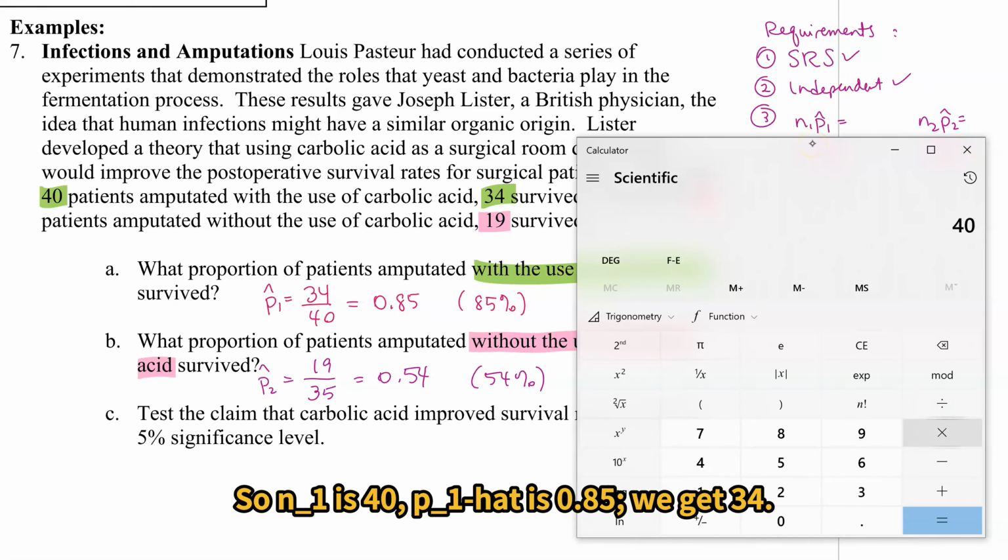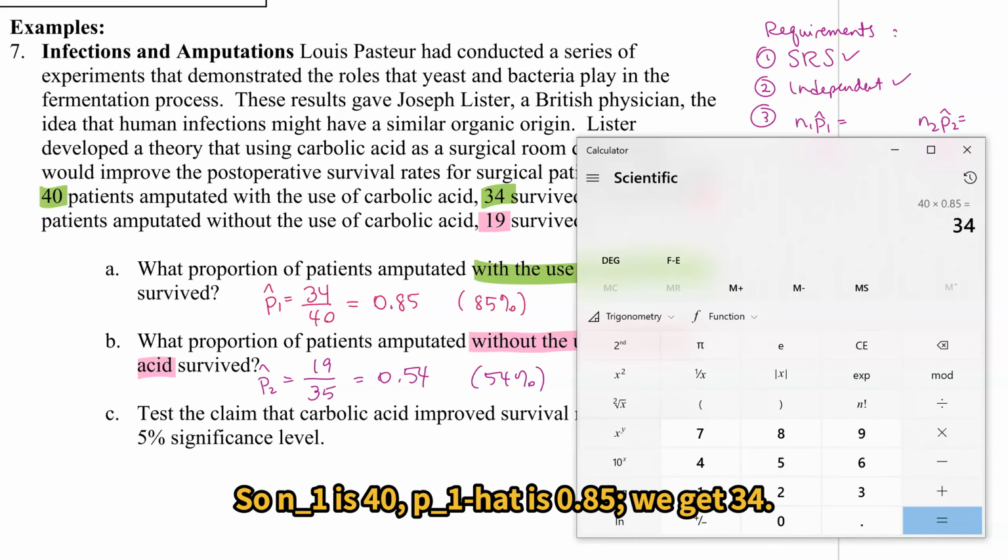So n1 is 40, p1 hat is 0.85, we get 34. This is not a coincidence that 34 is my x value. My x represents the successes, so that means n2 p2 hat would be 19. To find q1 hat and q2 hat, we'll do 1 minus, so 1 minus 0.85 for the first sample.